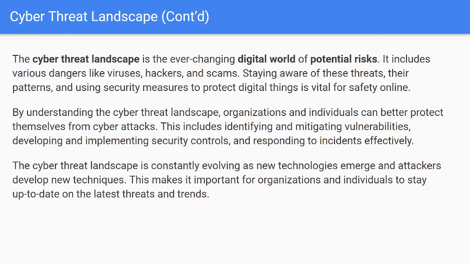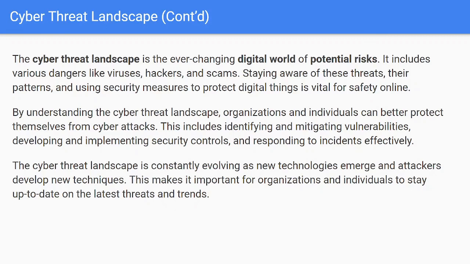So it includes various dangers like viruses, hackers, and scams. Staying aware of these threats and their patterns and using security measures to protect digital things is vital for safety online. By understanding the cyber threat landscape, organizations and individuals can better protect themselves from cyber attacks.